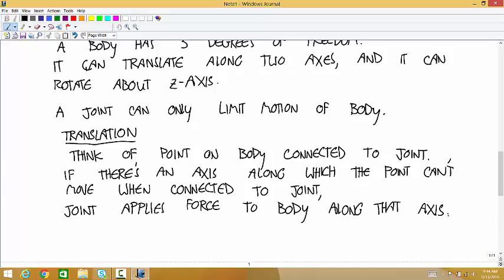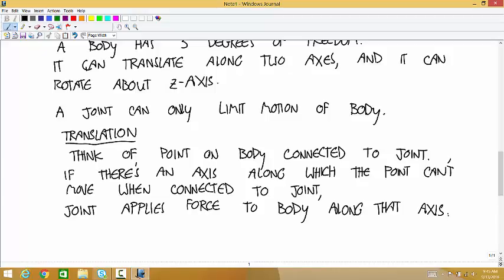Is there an axis along which the translation of the rod is prevented? Yeah, right. The way I'm holding it right now, it can't go up and down, right? It can go side to side. So there's no force applied by the joint side to side along the slot, but there is a force applied by the joint up and down that prevents it from moving.